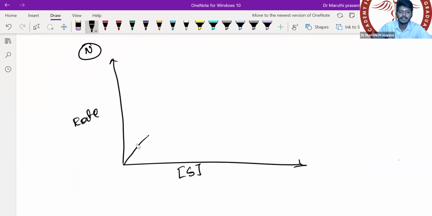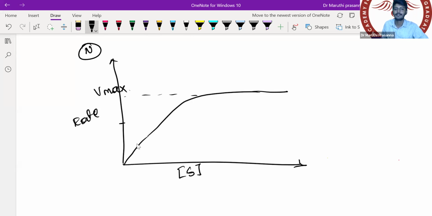The reaction reached a maximum velocity, so I will call this point Vmax. Half of the Vmax I will find and plot, and I will find the Km of that reaction.